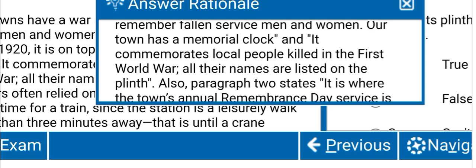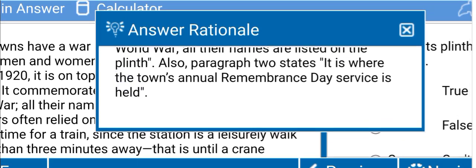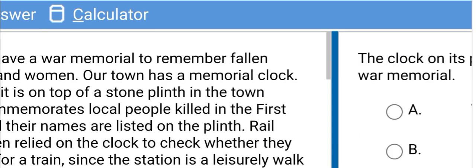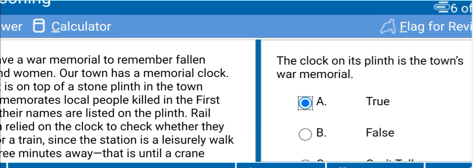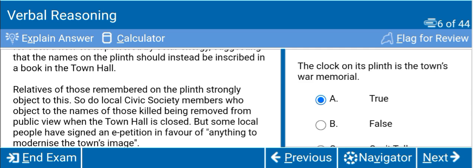All their names are listed on the plinth. Also, paragraph 2 states it is where the town's annual Remembrance Day service is held. So because of these two reasons, the right option is option A, true, that the clock on its plinth is the town's war memorial.